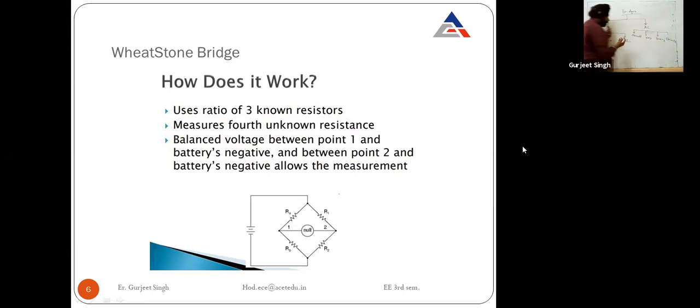These AC bridges are used to find out values like the unknown resistance, the value of the inductor, and the value of the capacitor.